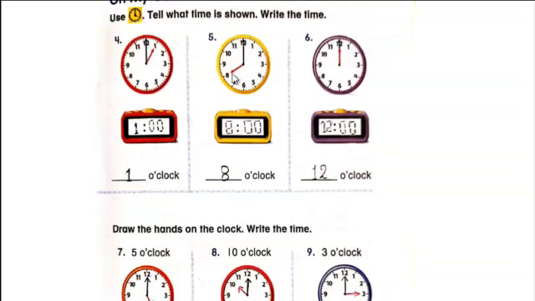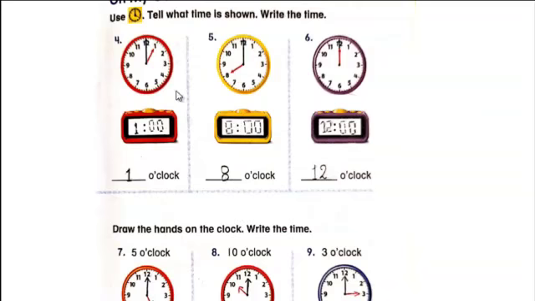The hour hand is on 8, so right here 8. And the minute hand is on 12. 12 equals o'clock, so right here 0, 0. So when you read this, we say 8 o'clock, 8 o'clock.